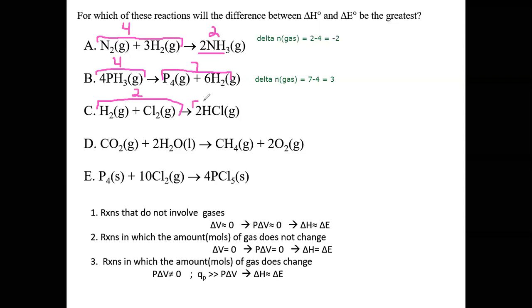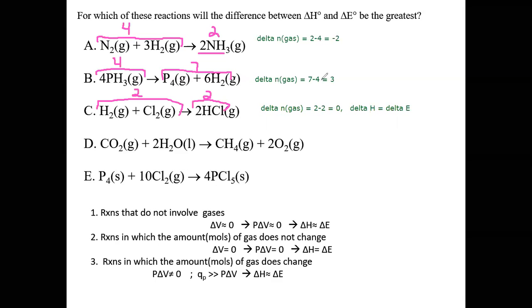On the product side, we have 2 moles of gas. So here, the change in the moles of gas is 0. So here, delta H would equal delta E, because there's no change in the moles of gas.